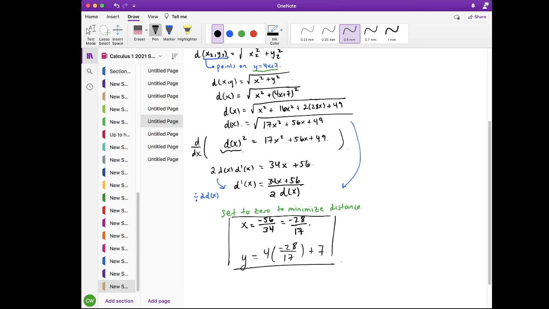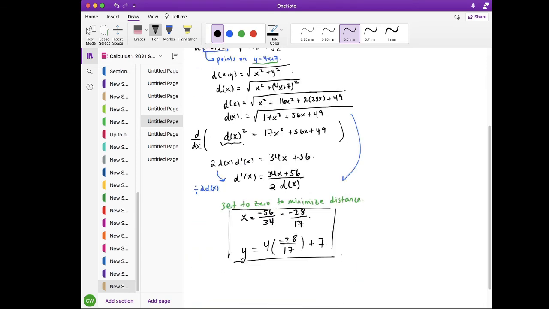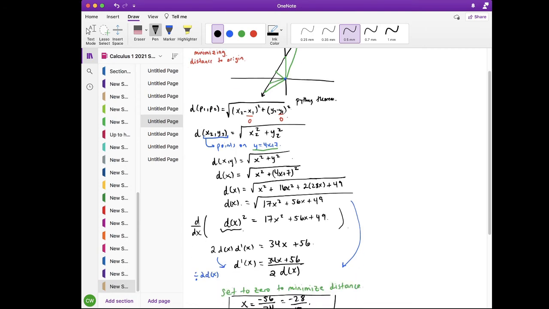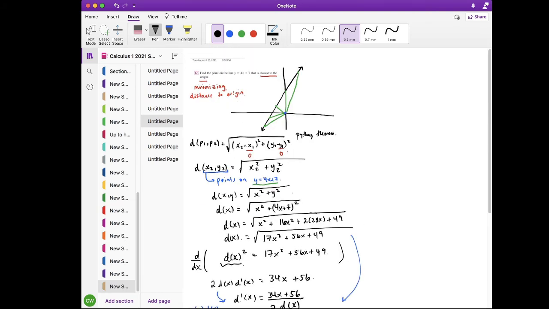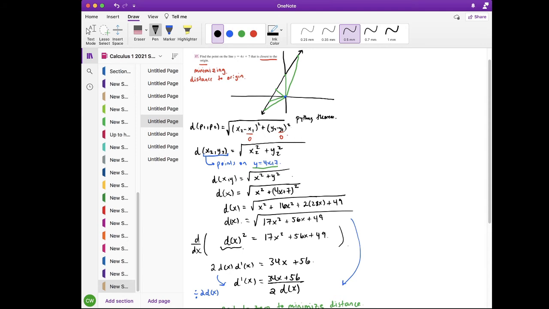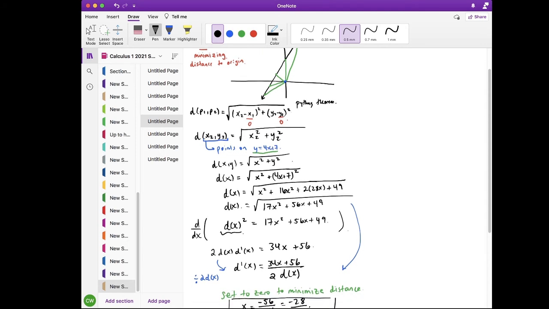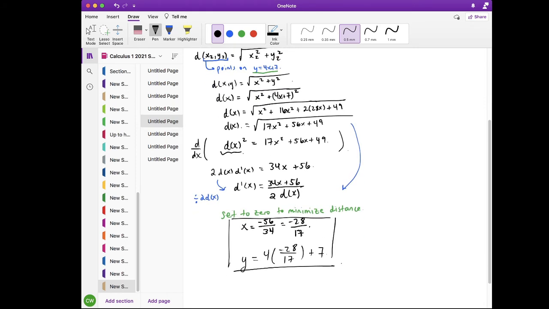Of course, barring any computational mistakes, this is the method. It's not a very pretty point, but that's it. Any questions on this? Usually when something's asking for the closest to something, you're probably going to use the distance formula. You can use implicit differentiation for a little trick.